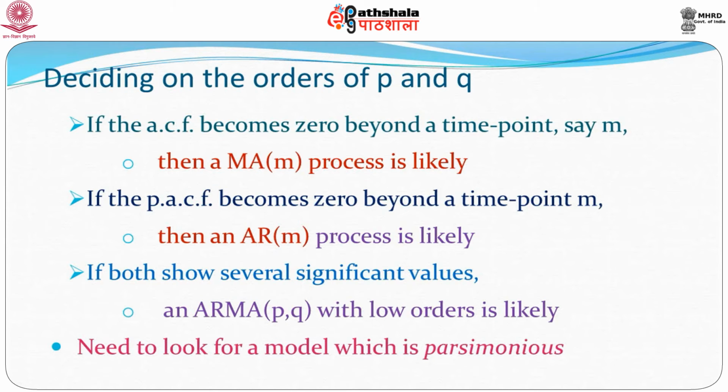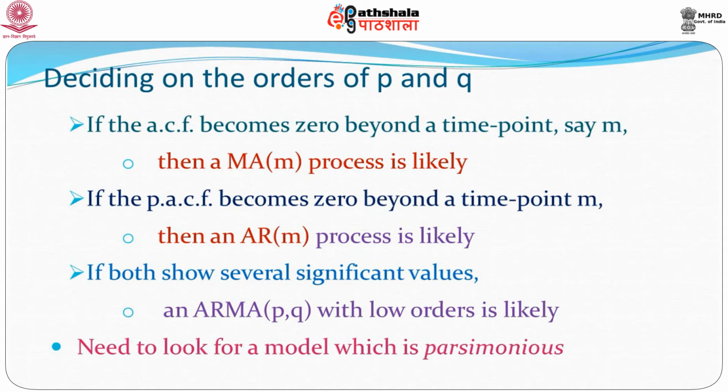So, these would be alternative candidates. Similarly, if you have an MA of reasonably high order, maybe MA(8), MA(9), then possibly again a small ARMA model with orders like p equal to 1 and q equal to 2 might give you an equivalent fit or even a better fit.